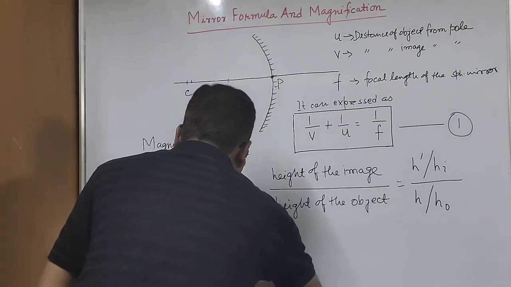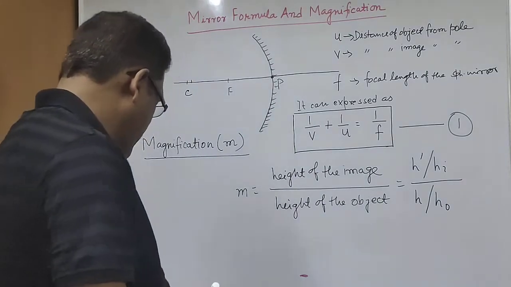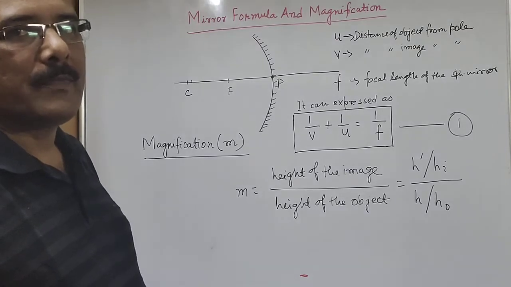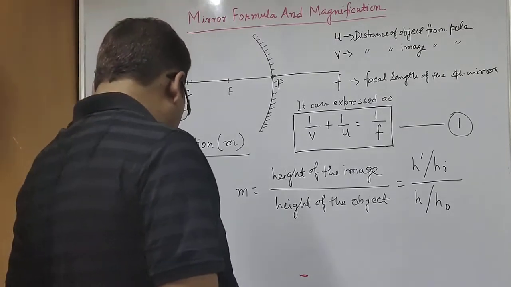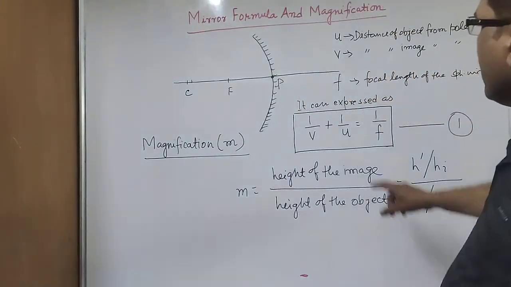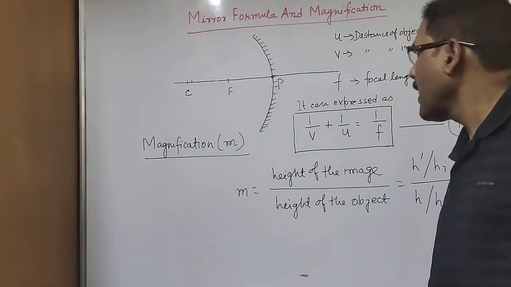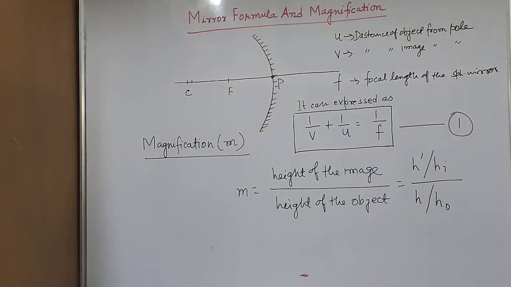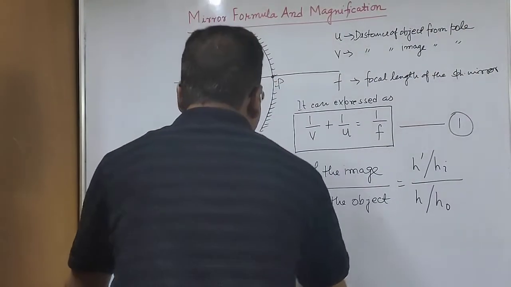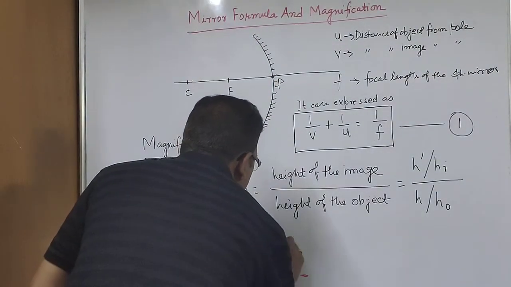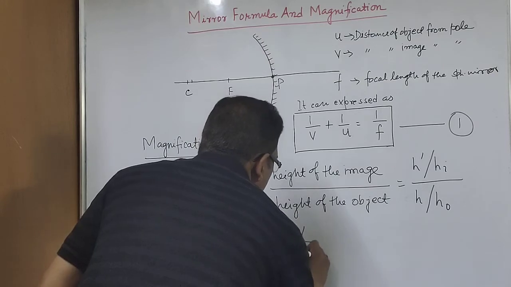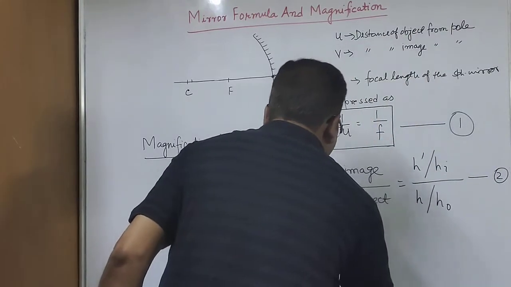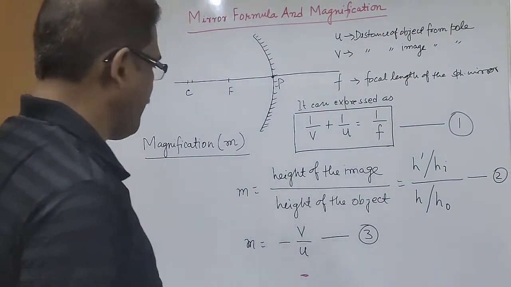Magnification is also related to the object distance u and the image distance v, and it can be expressed as m is equal to minus v by u. So mark this equation as 2 and mark this equation as 3.